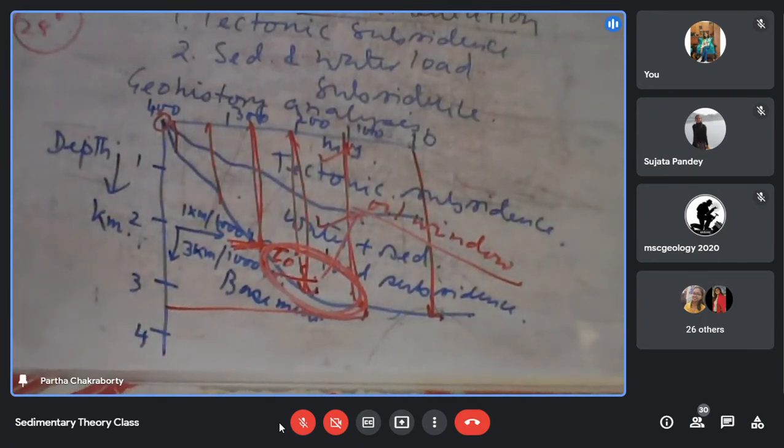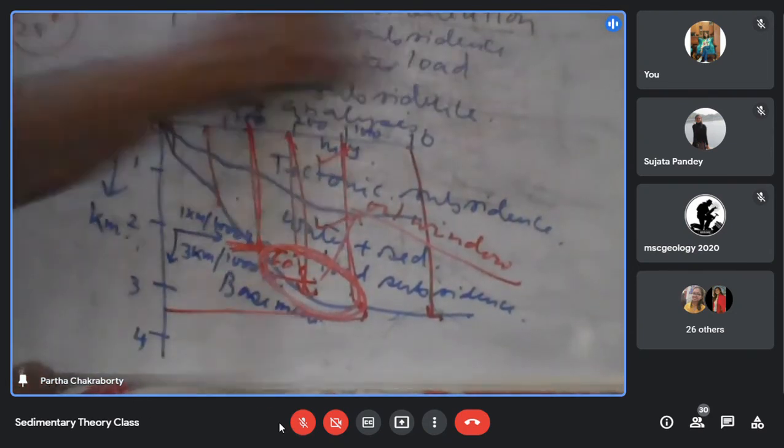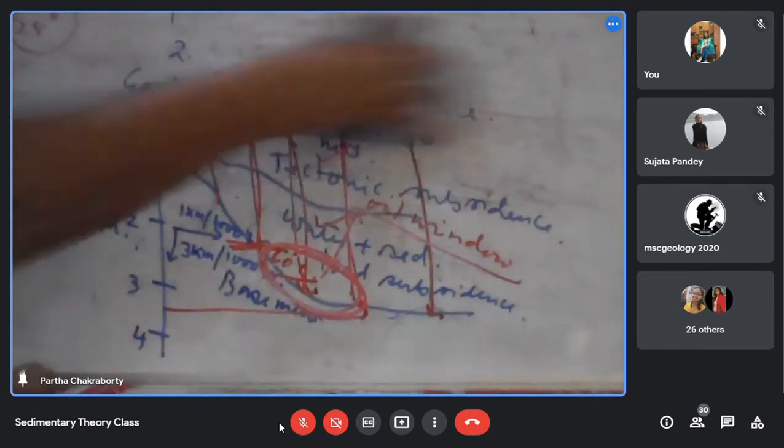Before, people tried, because the concept of plate tectonics came in the 1960s. Before that, people used to believe in the geosynclinal theory. I will discuss the geosynclinal theory today: what it was, and the basins related to it.